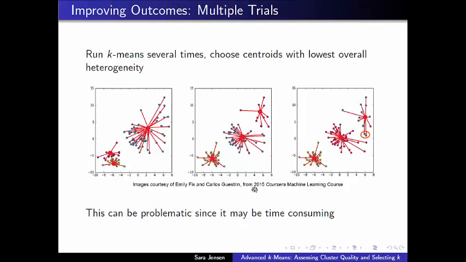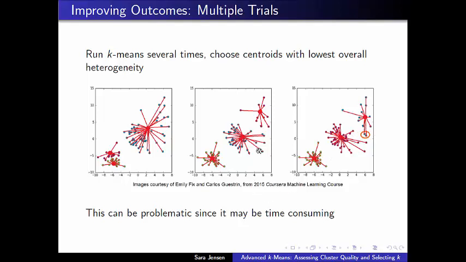These two clusterings over here are very close to one another. In general, we expect them to have a smaller heterogeneity than over here because we don't see as many large lines going out from the centers of the clusters to the observations in that cluster. However, when we compare these two pictures, the only real difference is these two data points right here.